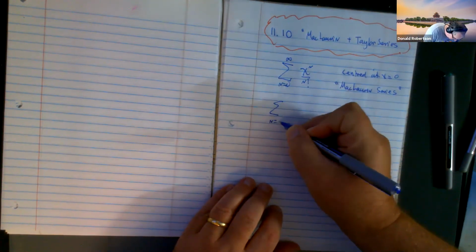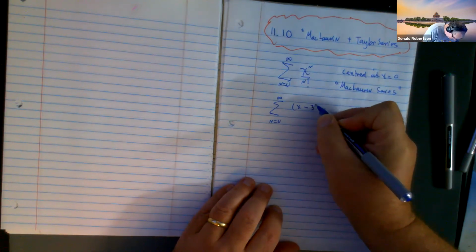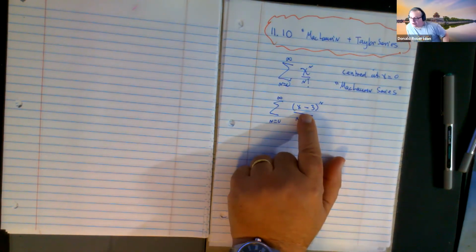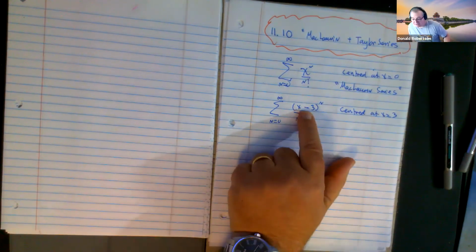If, however, you have a power series, and we haven't seen as many of these, where it's not an x, but an x plus 1 or an x minus 3, we say that this is a power series centered at x equals 3, not -3, but 3.